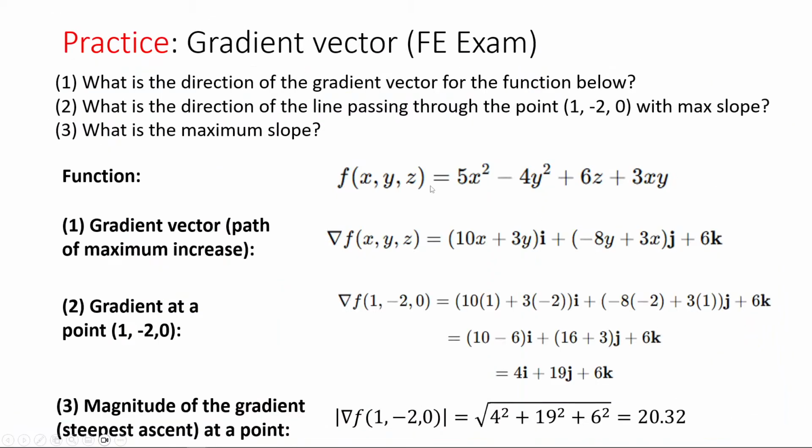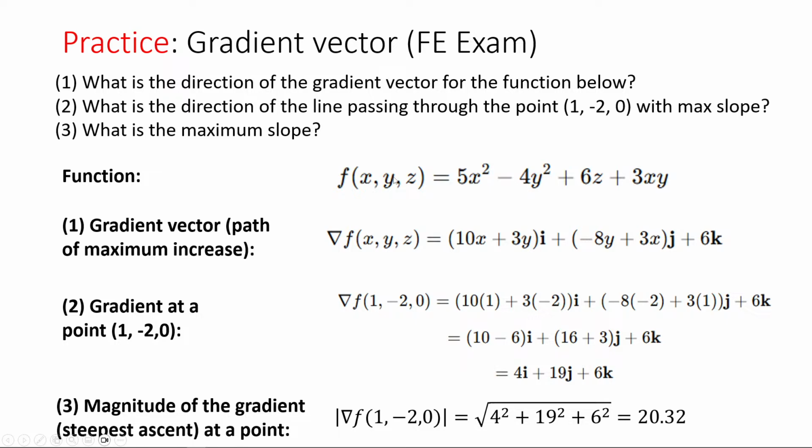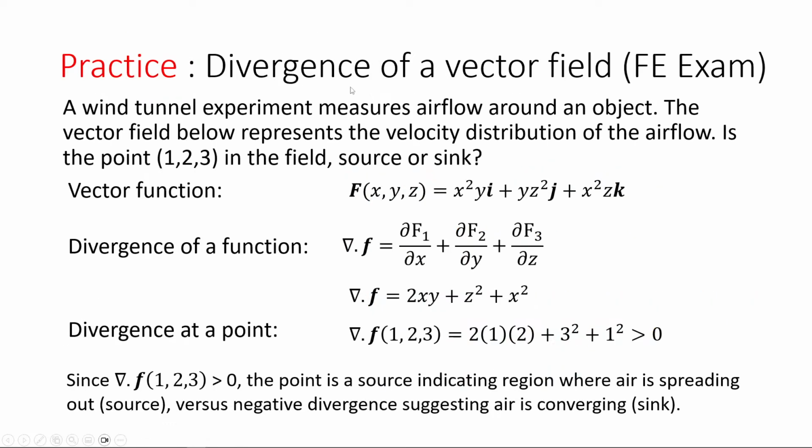So we did some practice problems. The practice problems are easy. I'm not going to go through the details in order not to make this long, but you can easily look at this example and try to solve this problem. That's practice for the gradient, and that's practice for the divergence of a vector field.